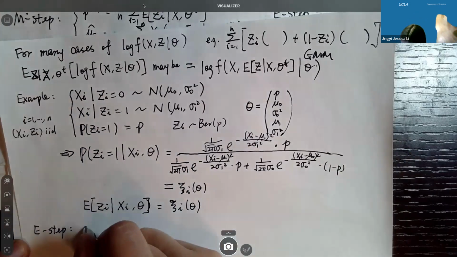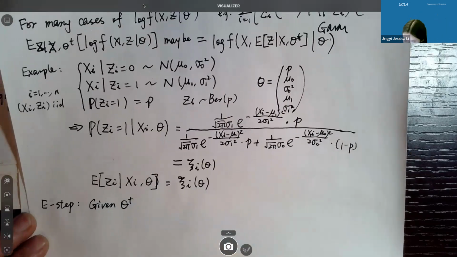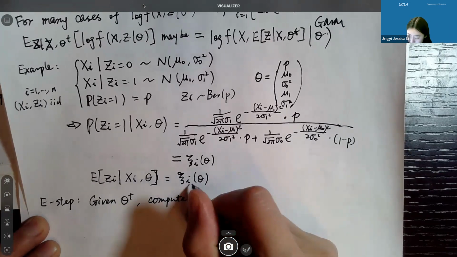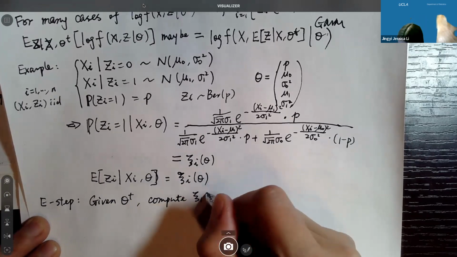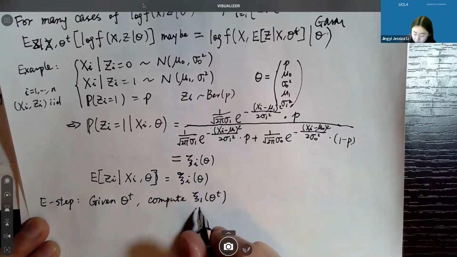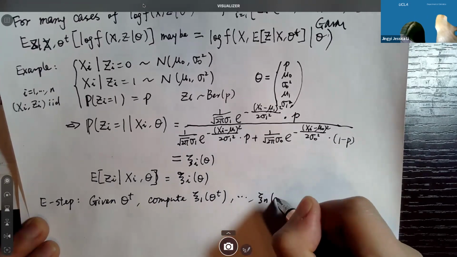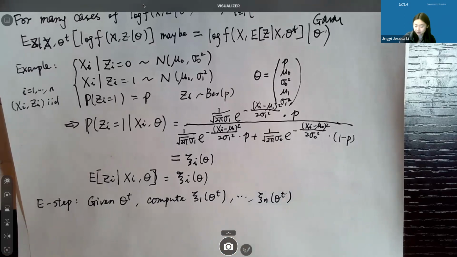So in the E step, given theta t, the current value, we just compute these things. The psi 1 theta t, this is the expectation for Z1, to psi n theta t. This is the conditional expectation for Zn. We have that for each Zi.